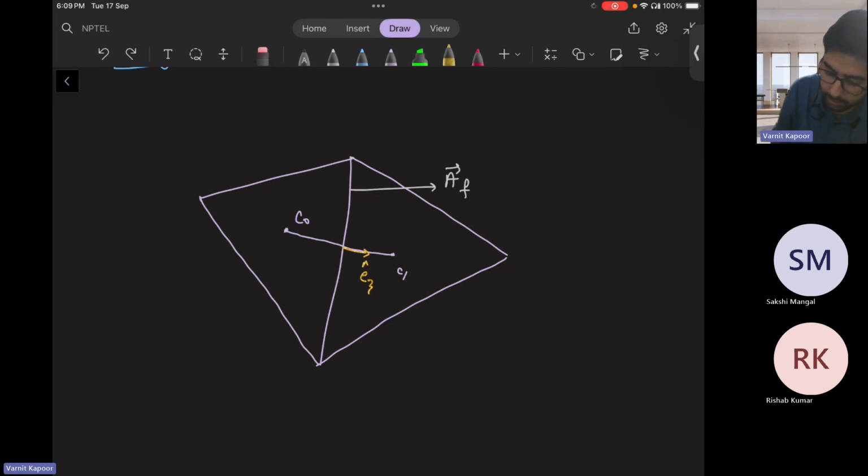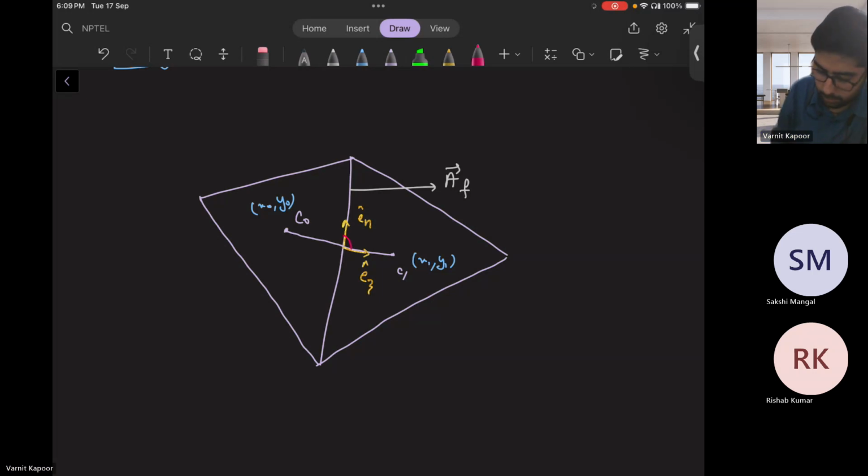C1 has the coordinates x1, y1. C0 has the coordinates x0, y0. In one direction this is E theta hat, and this is E eta hat. So this angle is not 90 degrees.